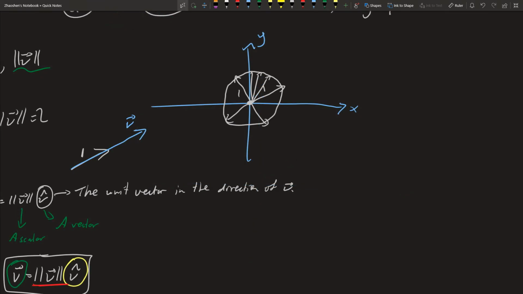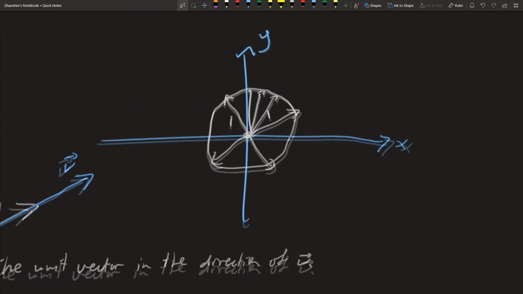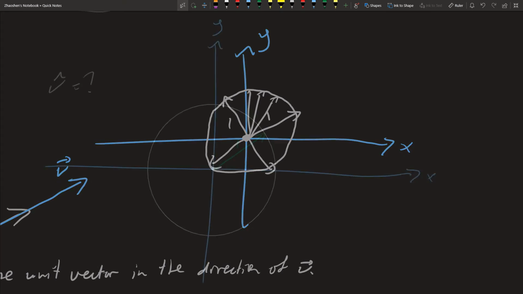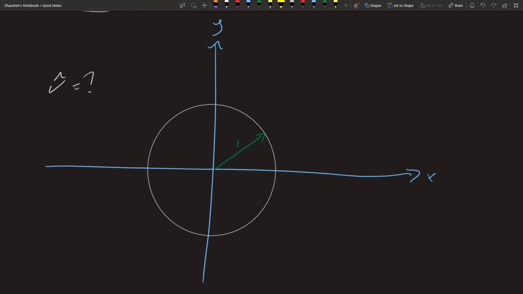Remember a few minutes ago I drew this diagram here? Basically, it means that all unit vectors, as long as they're centered at the origin, create a circle. This means that I can create some other unit vectors. I'll create this one and this one.